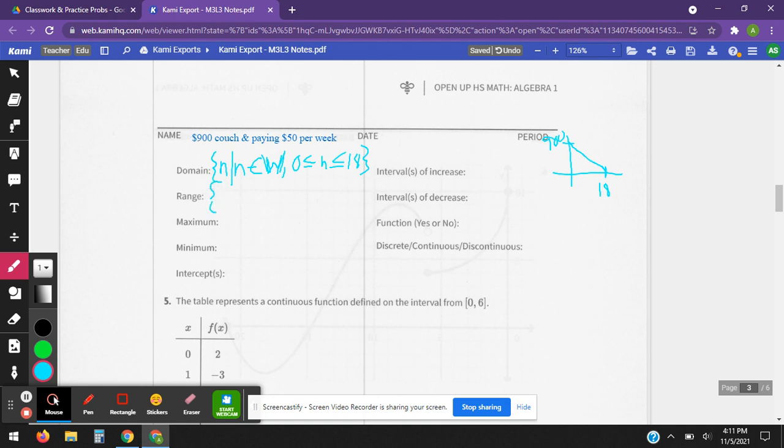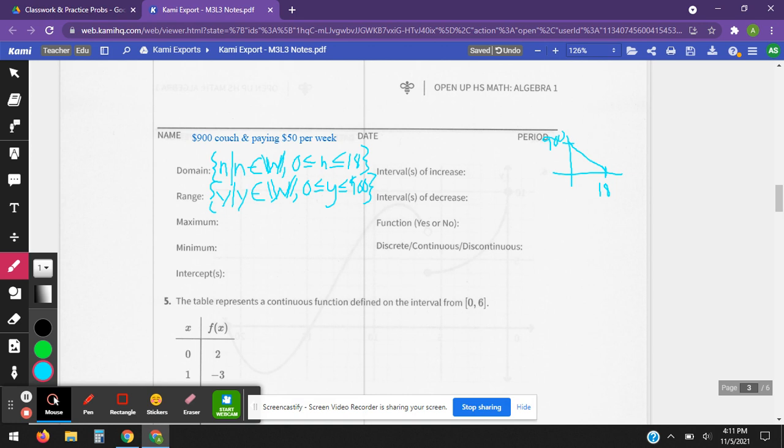Range. Range is the same idea. Those were the 1, 2, 3, 4. Now it's the 900, 850, and so on. So Y has to be whole numbers as well, right? But this time, these have to be between 0 and 900. So it's only whole numbers between 0 and 900 that will be able to be used.